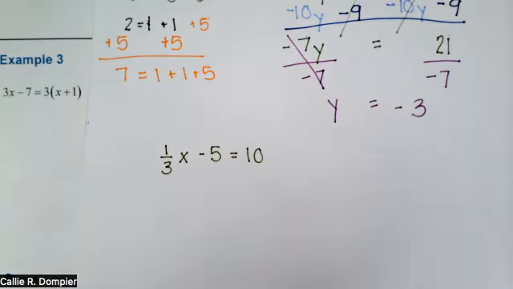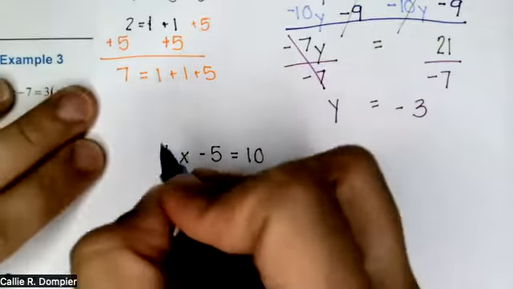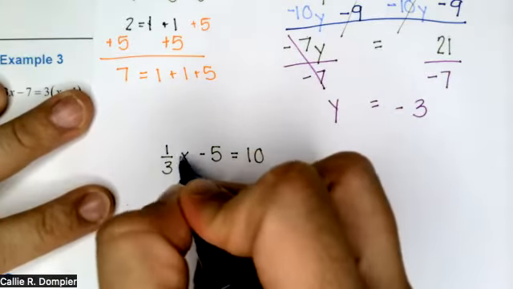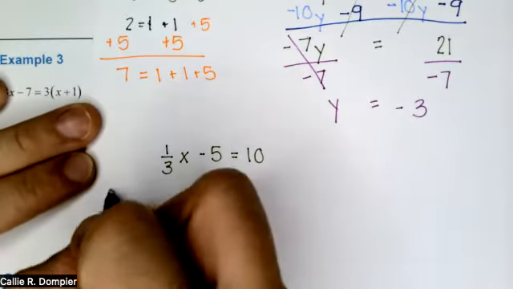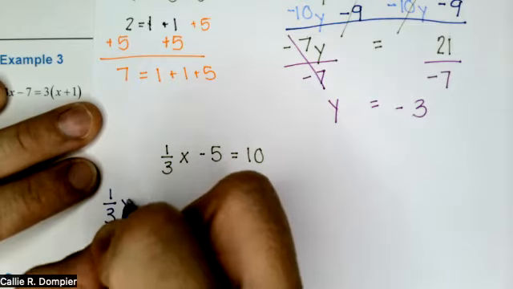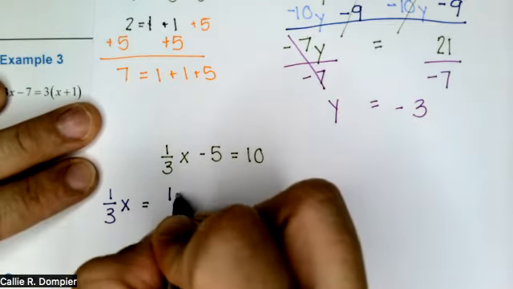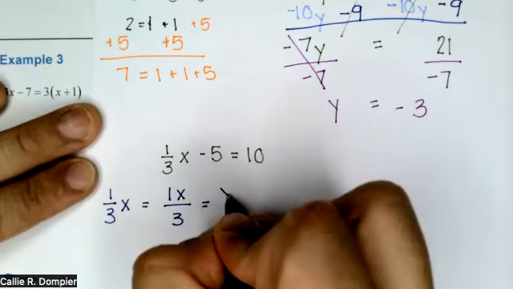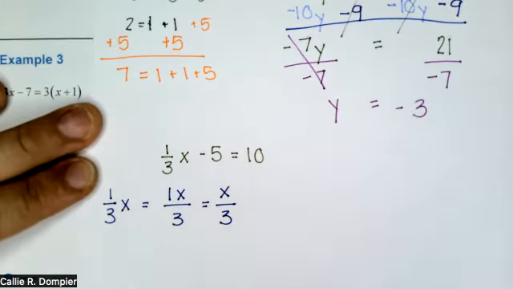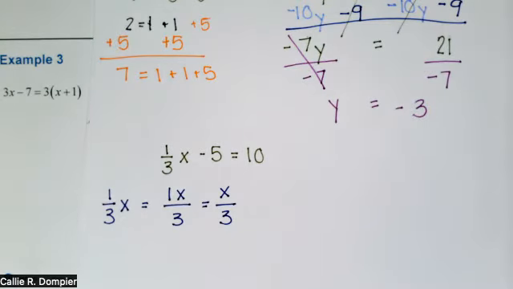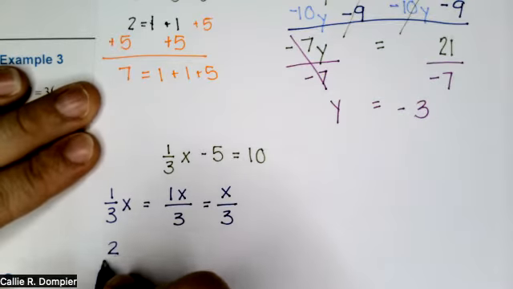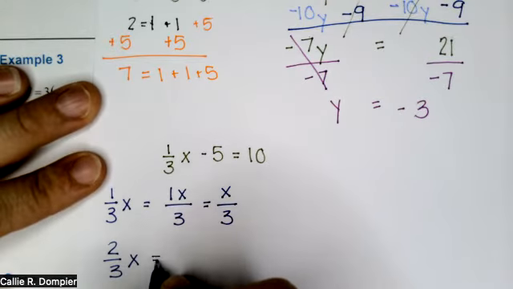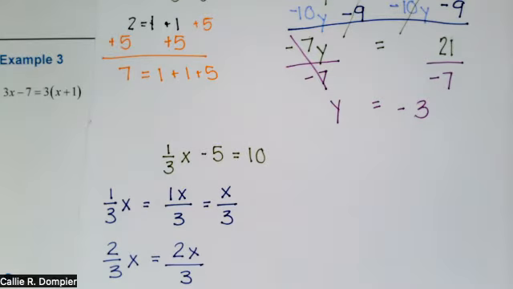Well, for one, it's good to realize that if the fraction is next to the x, that is exactly the same as putting the x on the top of the fraction. Those are all the exact same value. If it was 2/3 x, it would become 2x over 3. It's just a different way to write it.